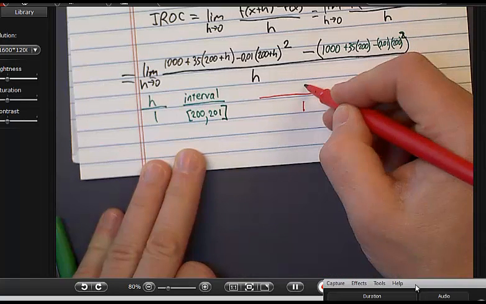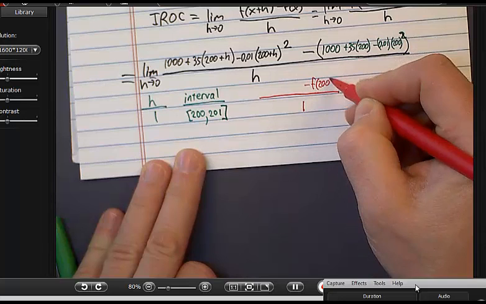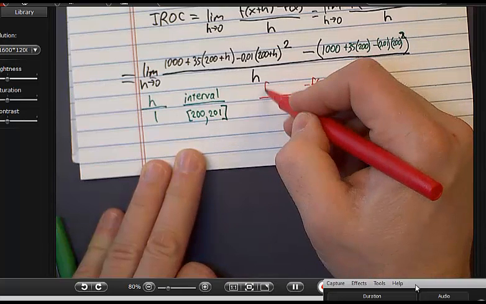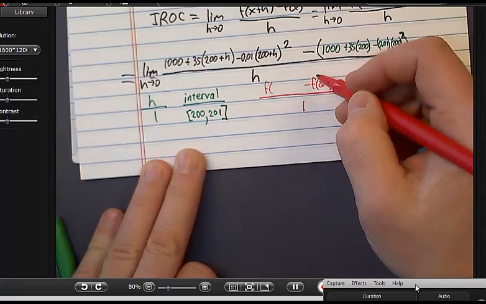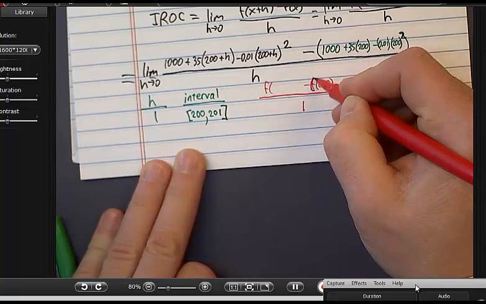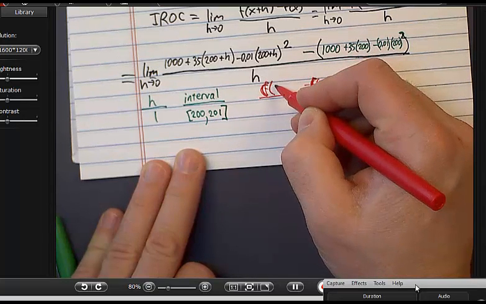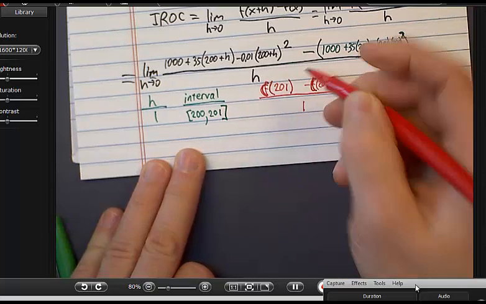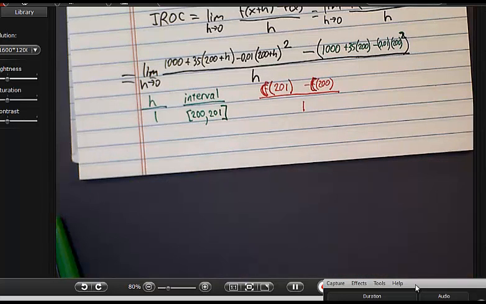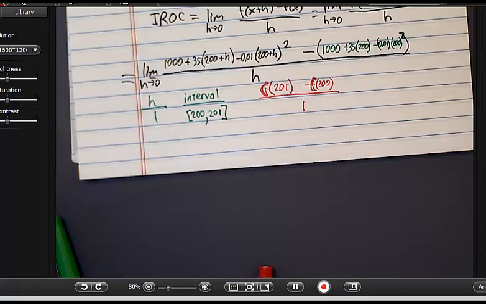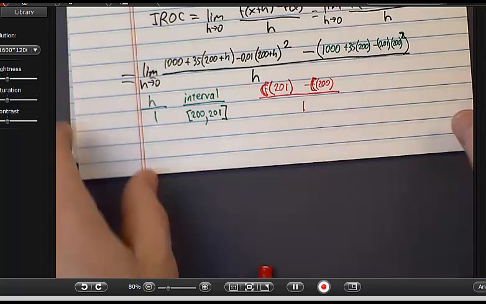Here I'm going to have f of 200, and here I'm going to have, I shouldn't say f, what should I say, guys? C, right? C of 200 and C of 201.